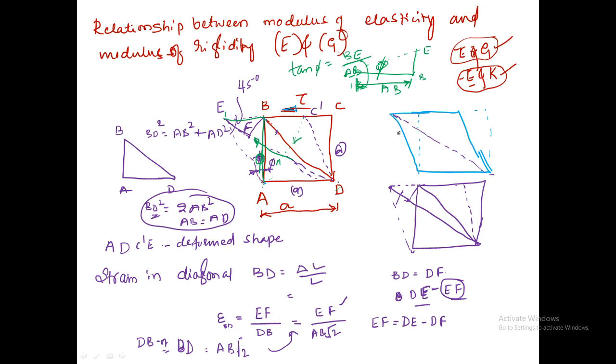The compression on this surface, exactly at right angles to it, will give rise to tensile strain. Now the tensile strain along the diagonal BD.